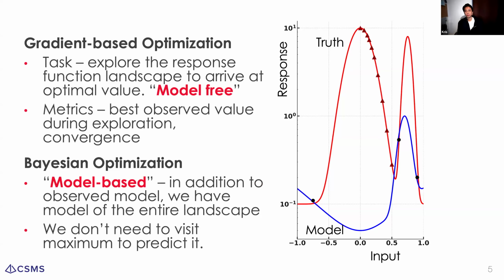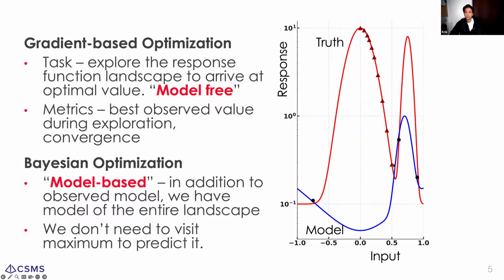Another field from which we draw is optimization, in particular gradient-based optimization, or what I'll call model-free optimization. In gradient-based optimization, maybe you've heard words like gradient descent, stochastic gradient descent, Adam. What those types of optimizers do is an exploration of the landscape.